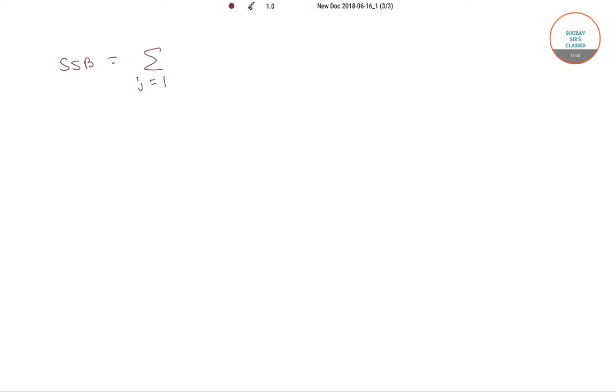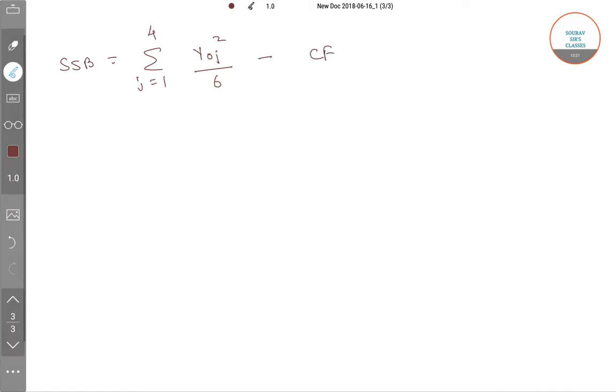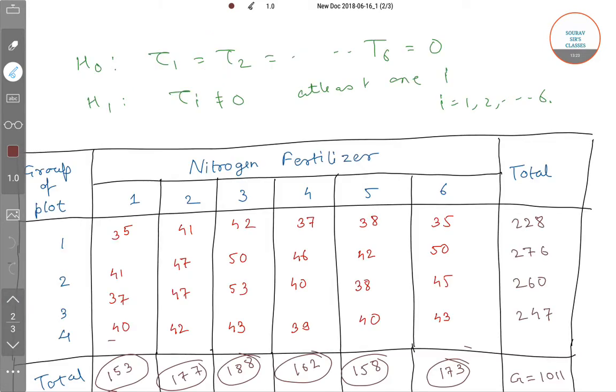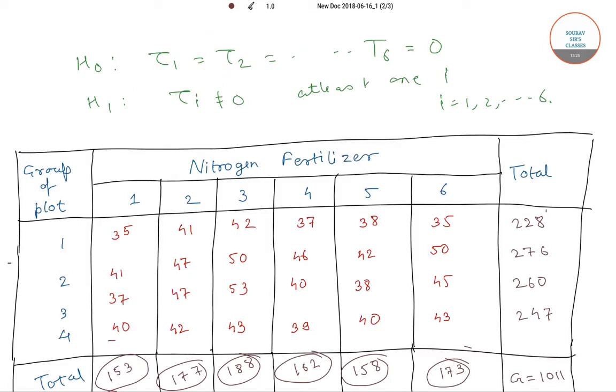In a similar way our SSB would be equals to summation j runs from 1 to L. Here our L is equals to 4. So summation j runs from 1 to 4 y naught j square divided by our k, which is 6, so divided by 6 minus our correction factor. Now from this table we have these values as y naught j.